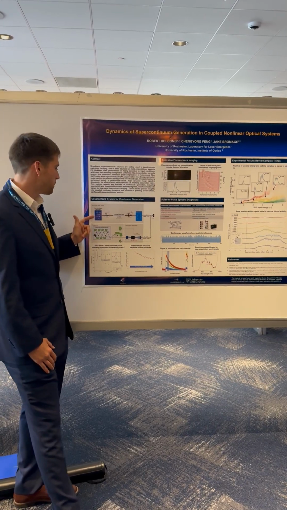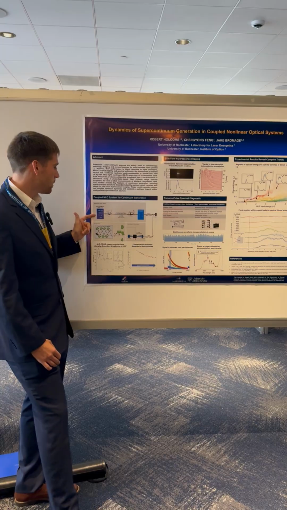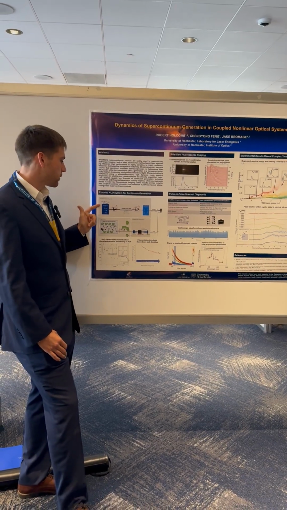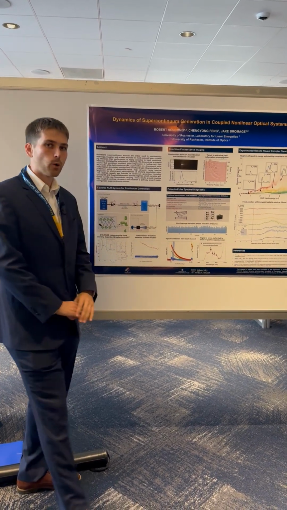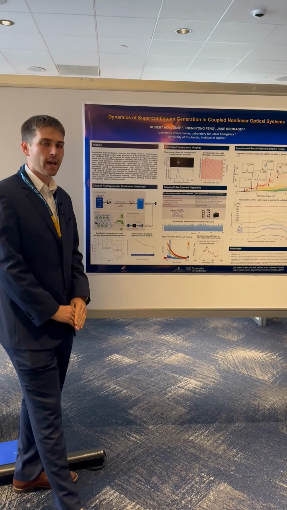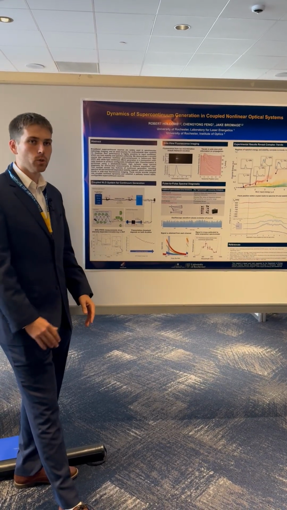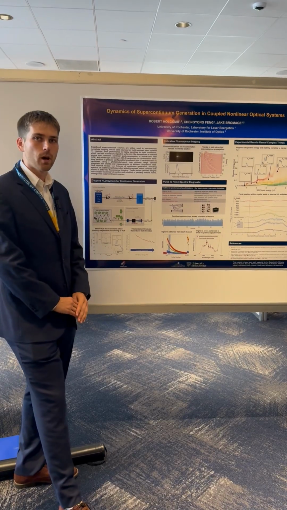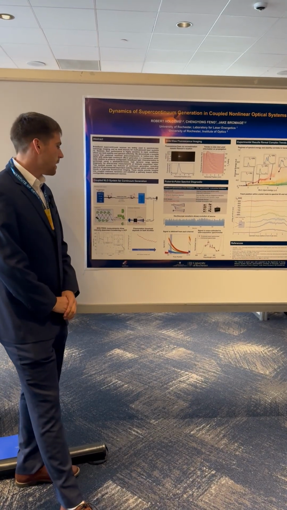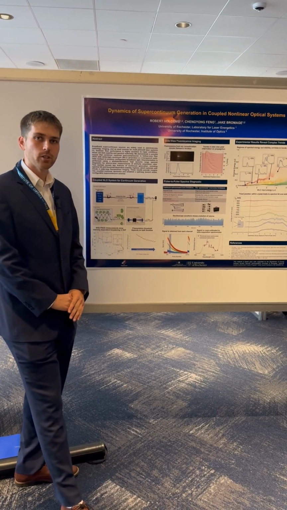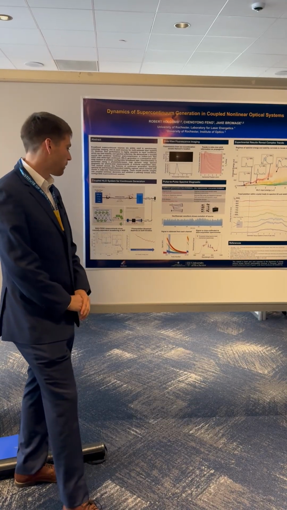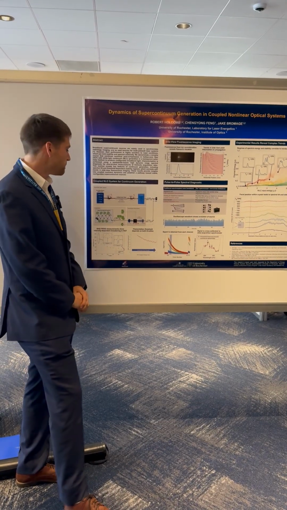It's a chirped pulse amplification based laser operating at 1030 nanometers. But unfortunately, because of the ytterbium YAG's narrow gain profile, we're limited to pulses only down to about a picosecond. And so we need to make those pulses faster in time if we want to reach high peak powers.